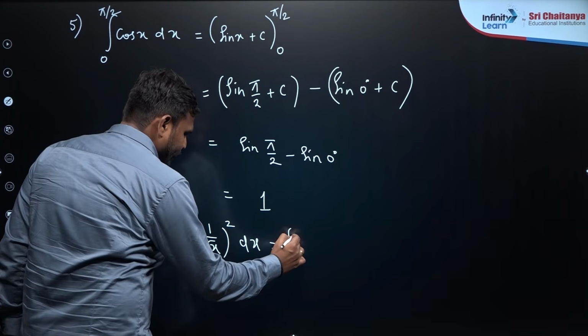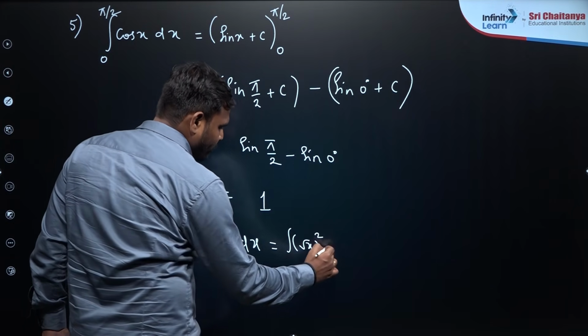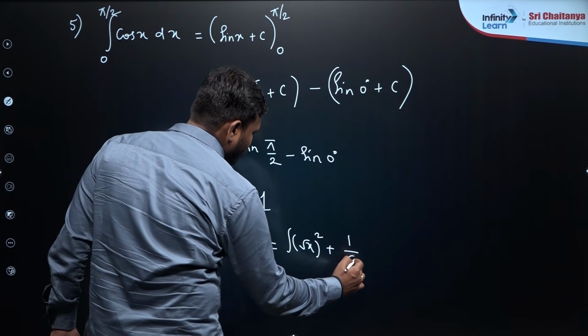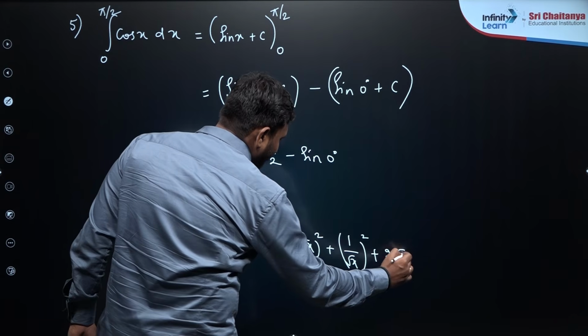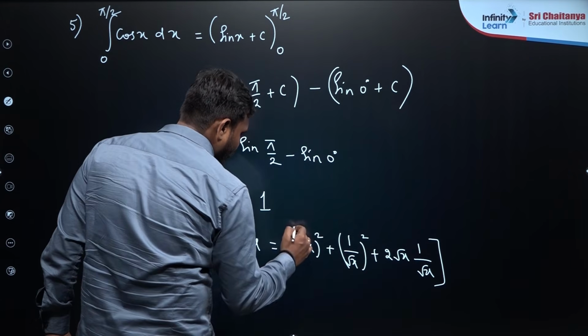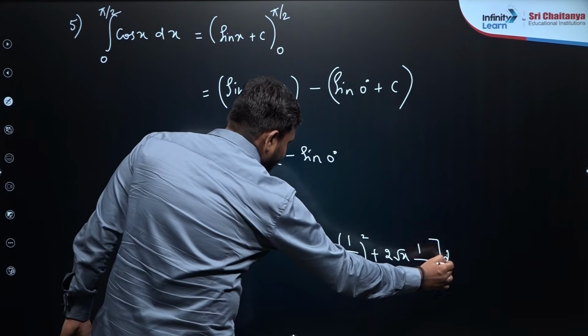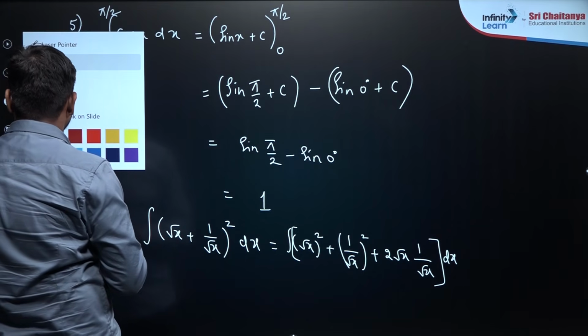So a square, that is root x square, plus b square, that is 1 by root x square, plus 2ab. Correct?